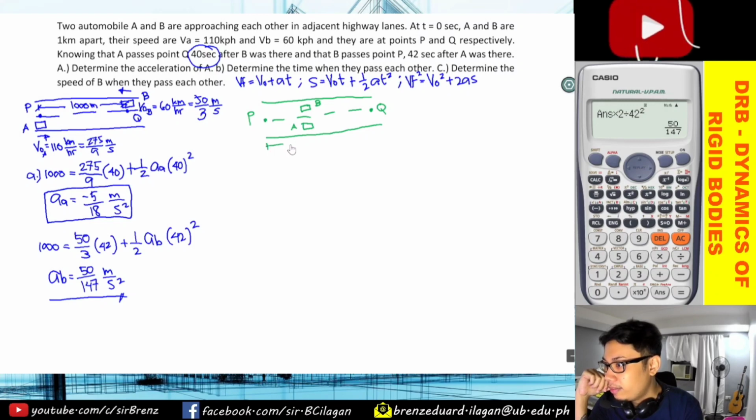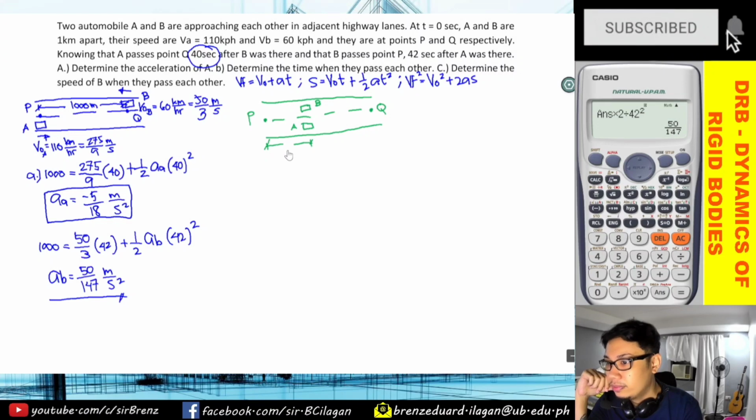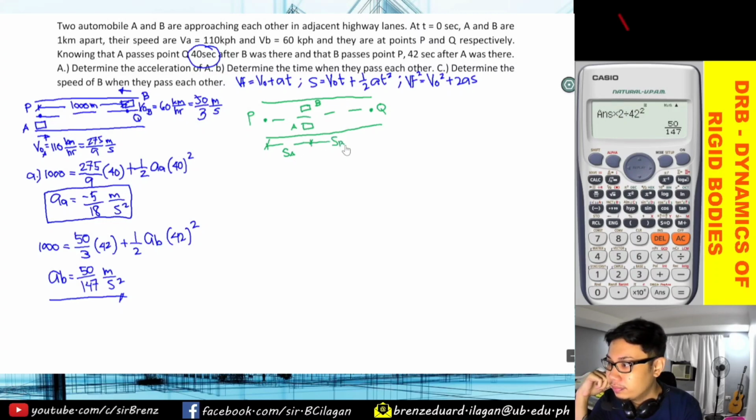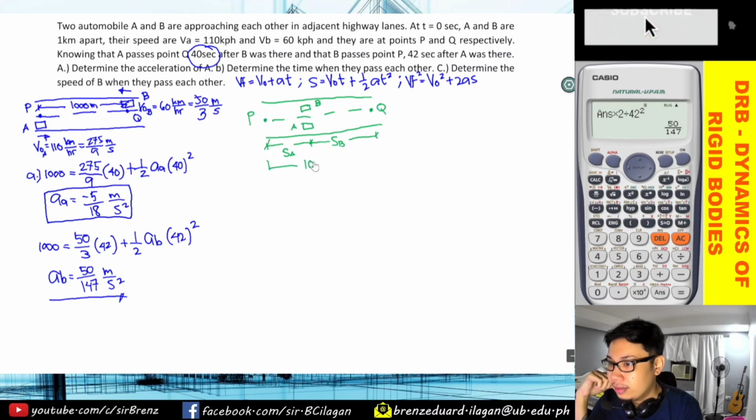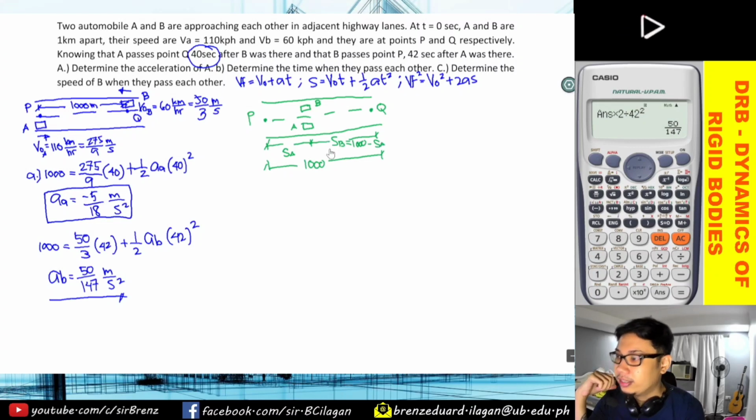So, yung distance na travel ni car A, i-assume ko siya as yung S sub A mo. And then, ito yung distance na na-travel ni car B nung nagpang-abot yung dalawa. And ito si S sub B. But then again, alam natin na ito is equal sa 1,000 meters. So therefore, yung S sub B, pwede natin siyang i-rewrite na 1,000 minus S sub A para nababawasan yung mga unknowns natin.